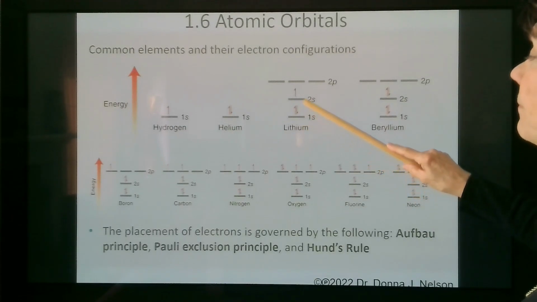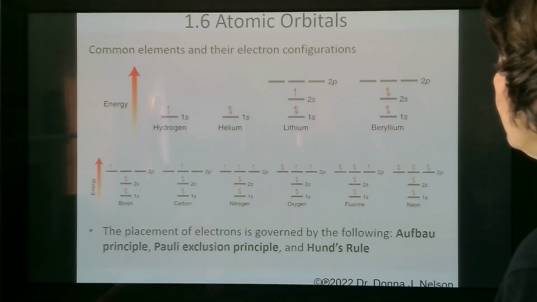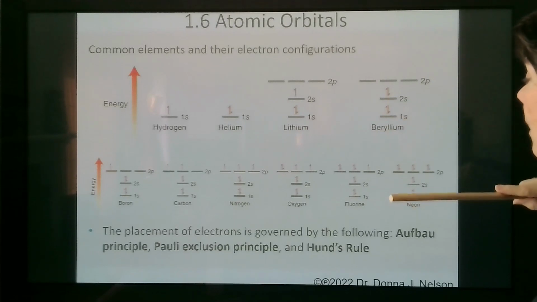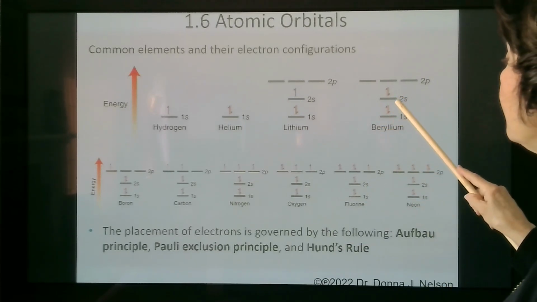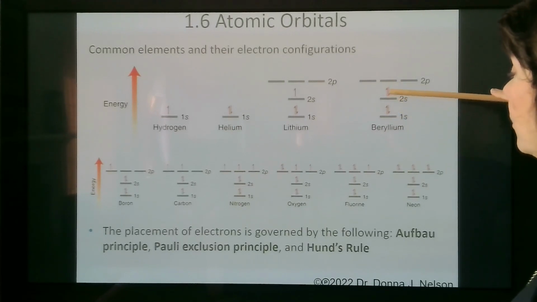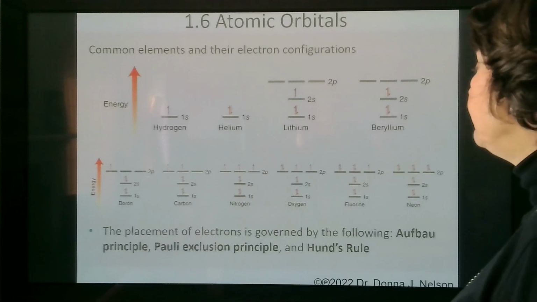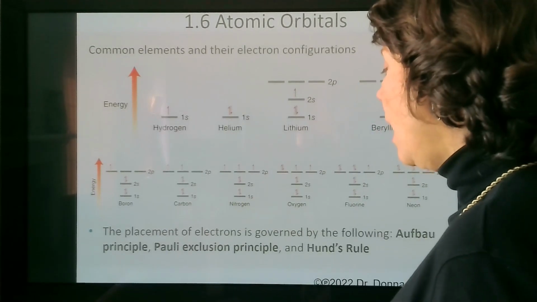Then lithium, another electron is added, and it goes to the 2s orbital. And then beryllium, you have two electrons in the 2s orbital in addition to two electrons in the 1s orbital. And notice these are paired. They have equal and opposite spin in each of these energy levels.